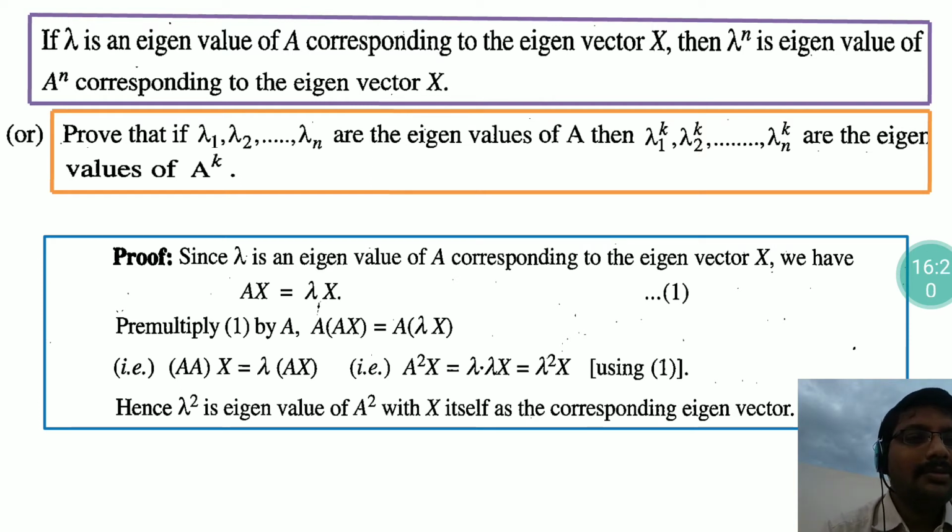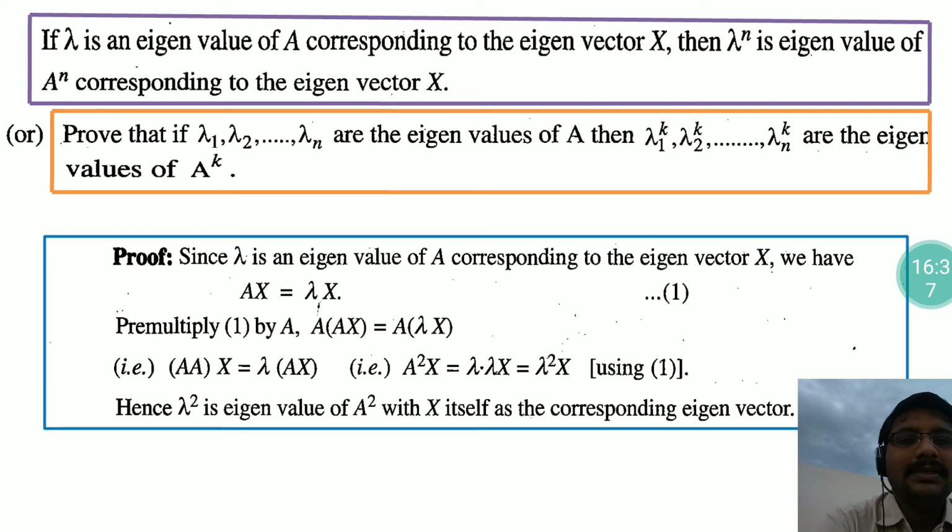So lambda 1, lambda 2, lambda 3 and so on lambda n are eigenvalues of the given matrix A, then their powers, lambda 1 power k, lambda 2 power k and so on lambda n power k, are the eigenvalues of the matrix A power k.